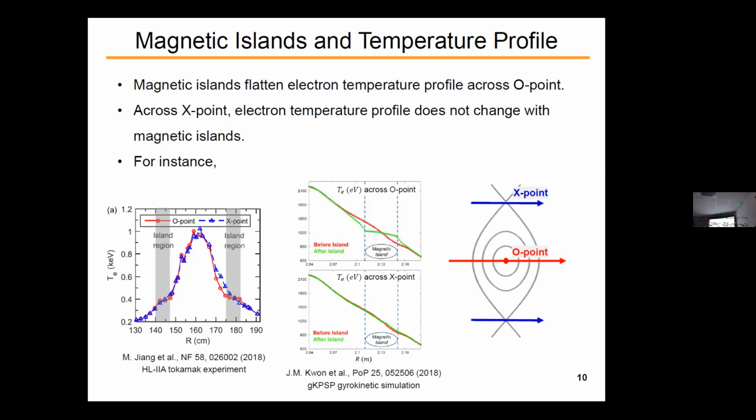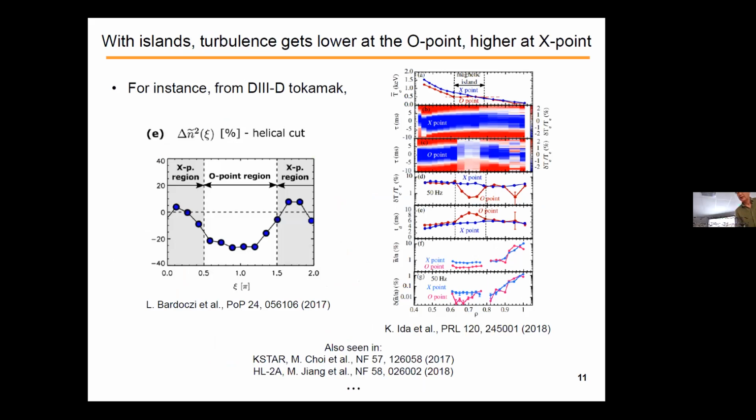This is rather expected, confirmed in both experiment and simulations. And if you measure microturbulence from DIII-D tokamak, you see that when you have a magnetic island, turbulence amplitude goes down nearly at the O point region and goes up a little bit in the X point region, but this is a minor change.